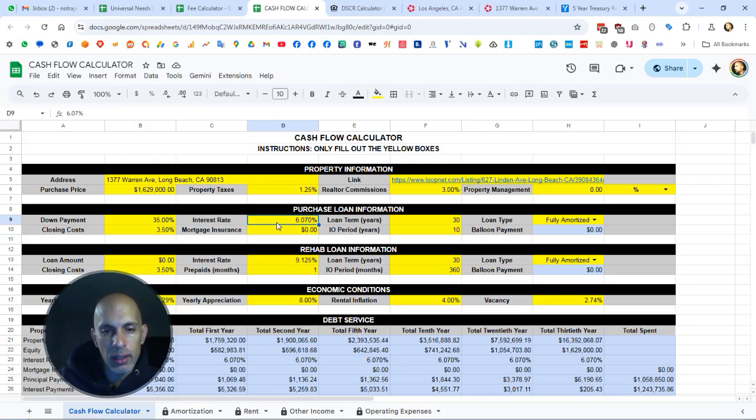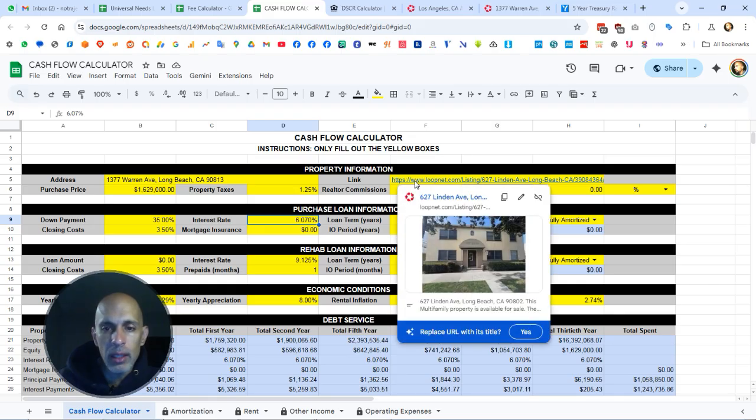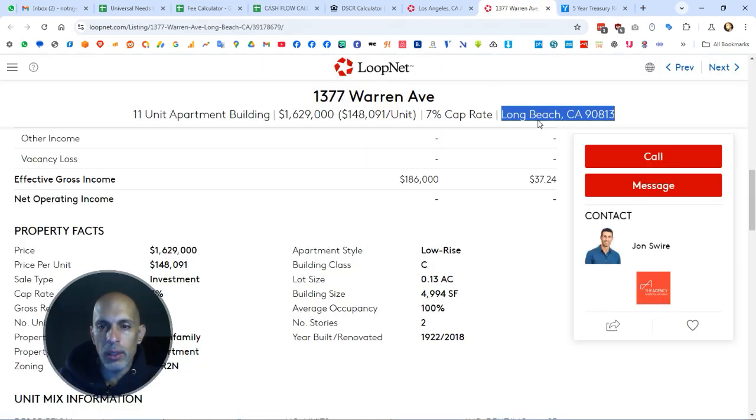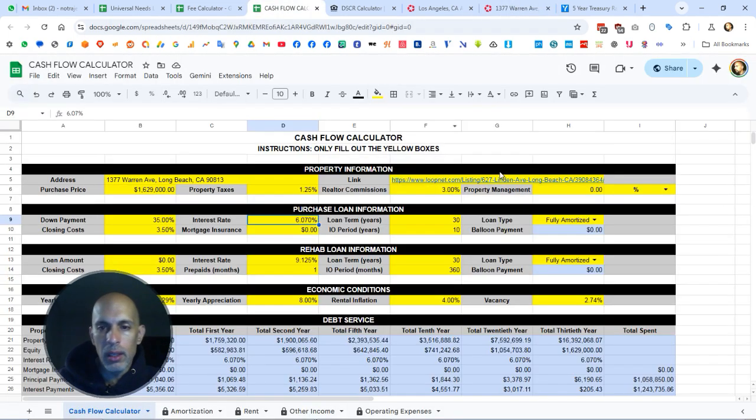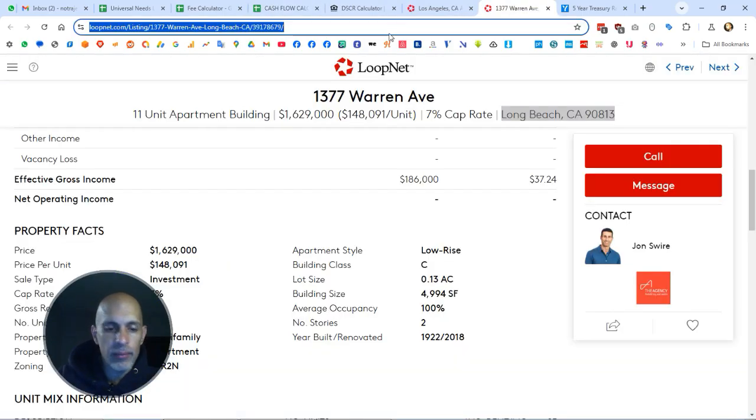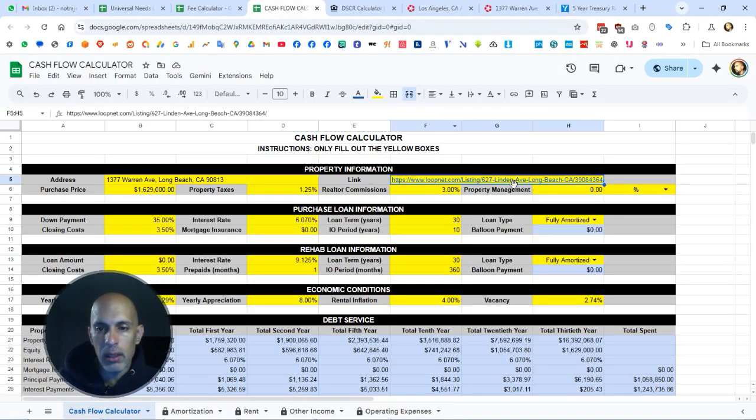So you can see that I've previously analyzed properties in Long Beach. For example, I last did this building on Linden Avenue, 90802. This one is 90813. Let's copy that link there.